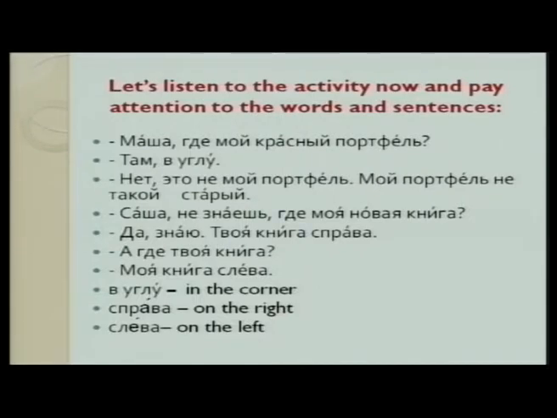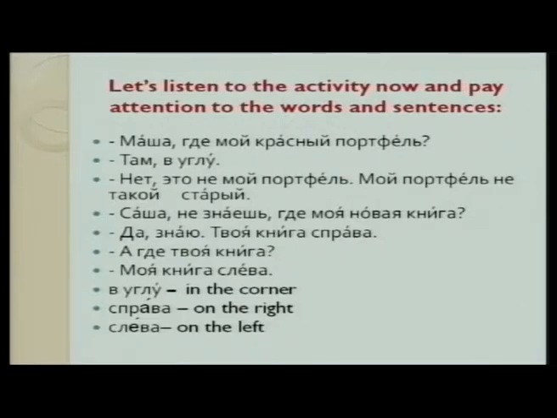Мой портфель не такой старый. Here in these sentences we have used different kinds of expressions. Since we have already learned about simple and interrogative sentences, we have also used affirmative sentences, and with the use of нет and не, we are making sentences in negation.